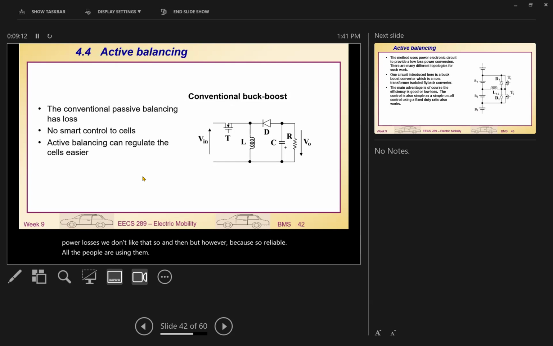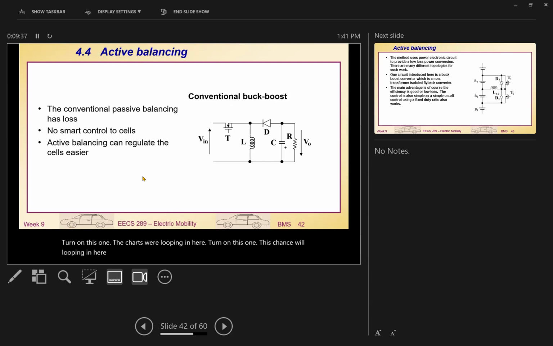Of course, there's another method called active balancing. You can see this circuitry. I think I showed you last time the so-called buck-boost converter. Do you still remember the operation of the buck-boost converter? Basically, if you turn on this one, the charge will loop in here. Turn on this one, this charge will loop in here.